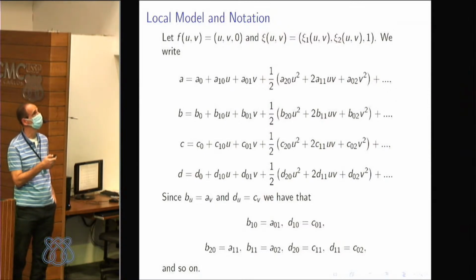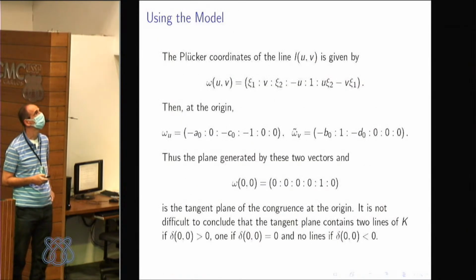So we consider the jets of the components of the shape operator, A, B, C, and D. This condition is just for the existence of the vector fields C1 and C2, and also these conditions are just for the existence of this vector field C. In the model, the Plucker coordinates are given by a calculation.